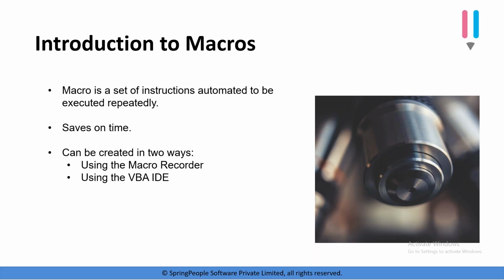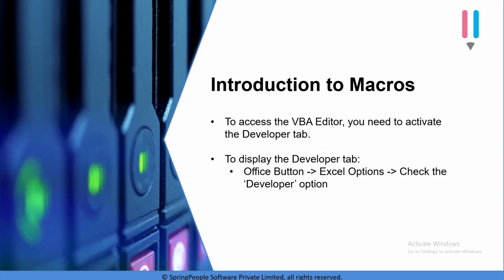The second way is for us to be able to get into the VBA IDE. So what is this VBA that we are talking about? VBA essentially stands for Visual Basic for Applications. So this is essentially the code behind the scenes, or what actually works behind the scenes whenever you're going to work with macros. So let us start when we work with the VBA editor.